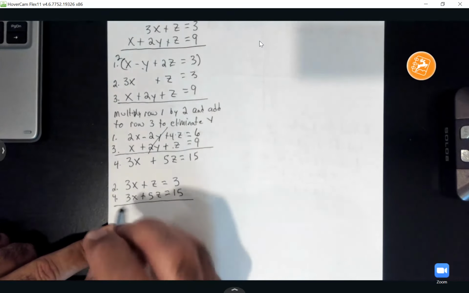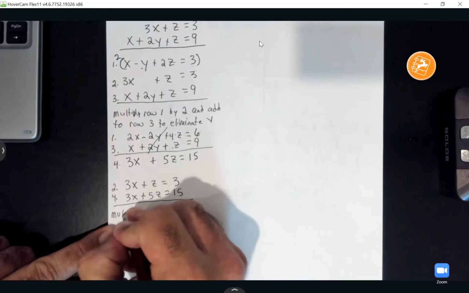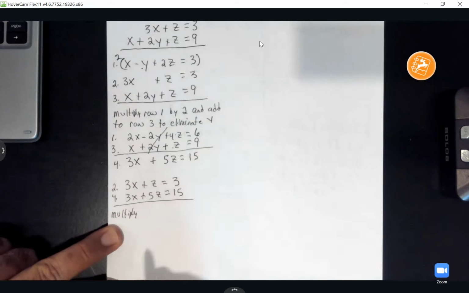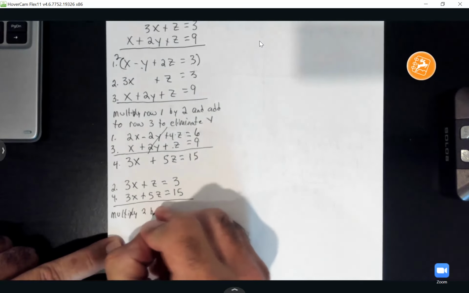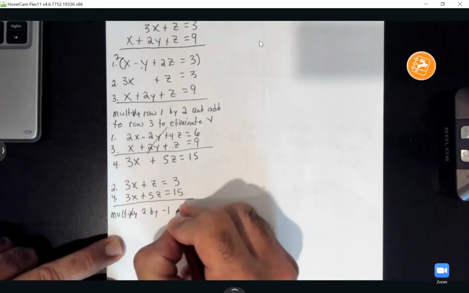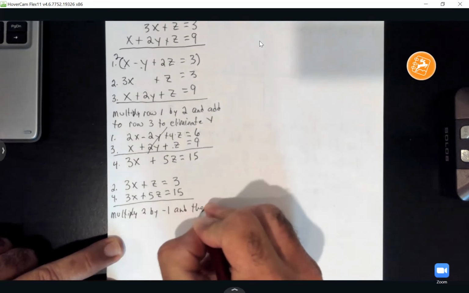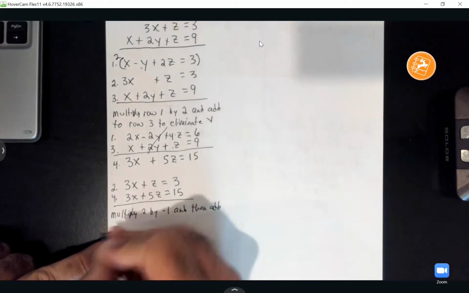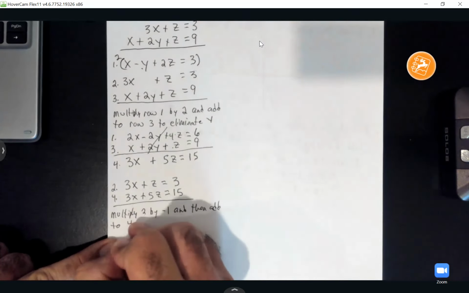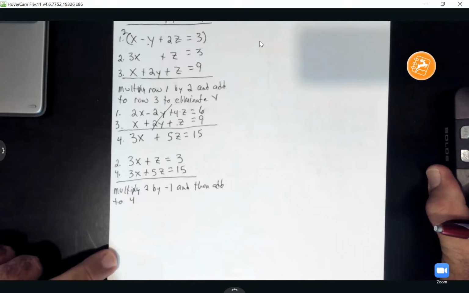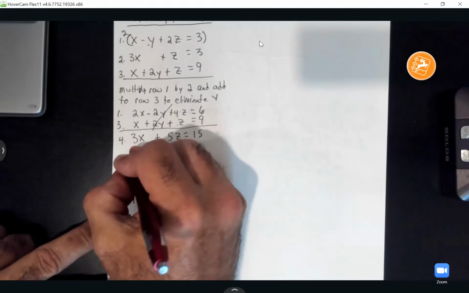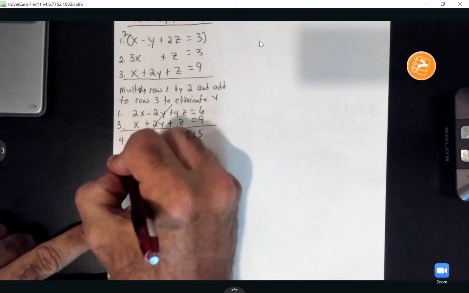So y'all, what I'm going to do is multiply row 2 by negative 1 and then add to my row 4. So we're going to multiply this whole row 2 by negative 1.